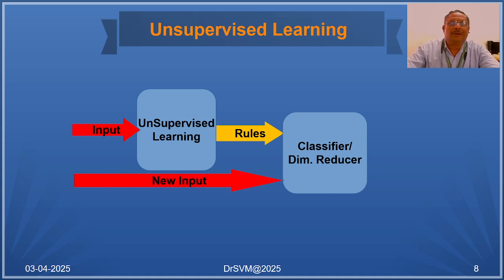So in future, once our classifier is ready, or once our dimensionality reduction system is ready, then when we give a new input, it can provide a proper result for that. So that is the second way of learning, which we call unsupervised learning. So as of now, that's it.